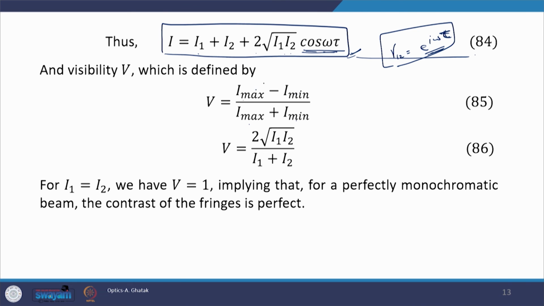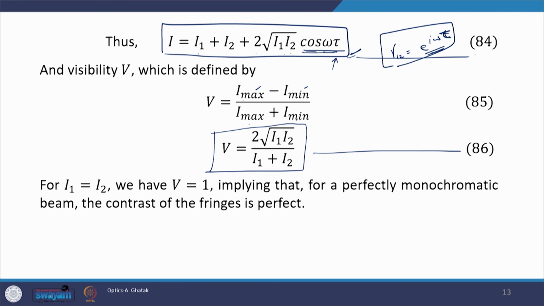Now, if you substitute for I max and I min from equation number 84, we will get I max when cos omega tau is equal to 1, and we will get I min when cos omega tau is equal to -1. With this substitution, the expression of V is given by equation number 86.